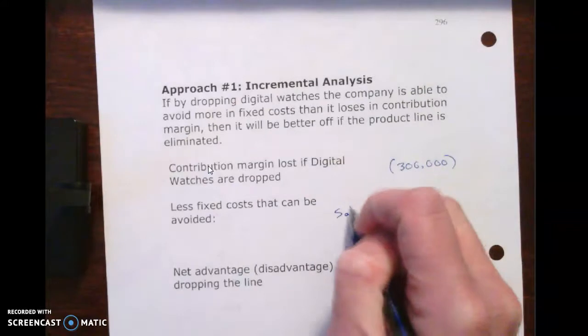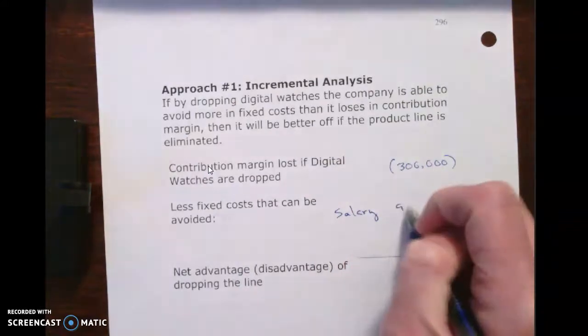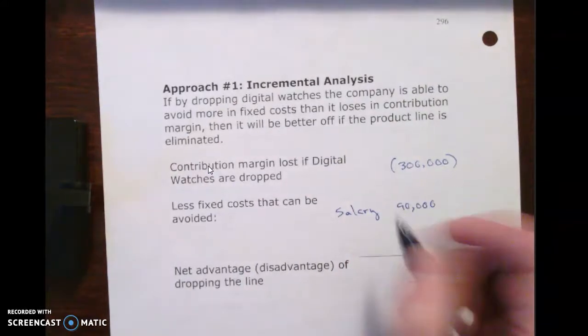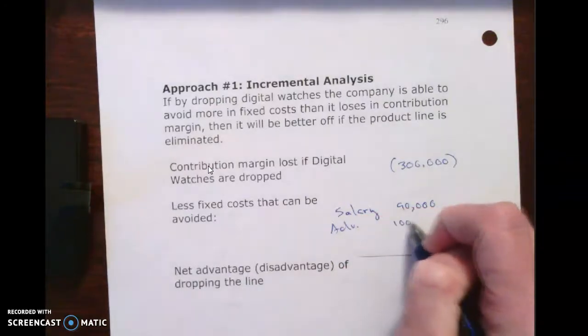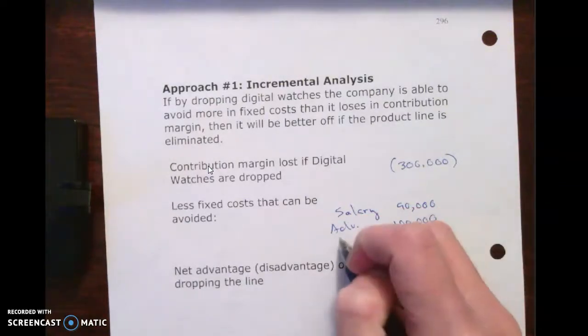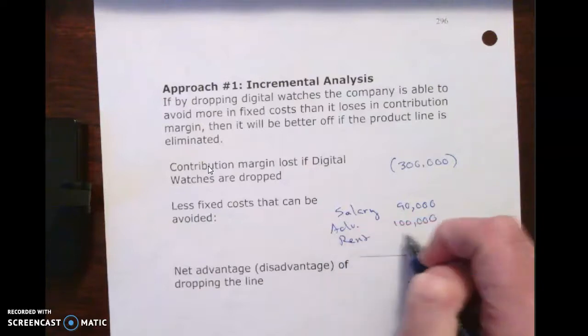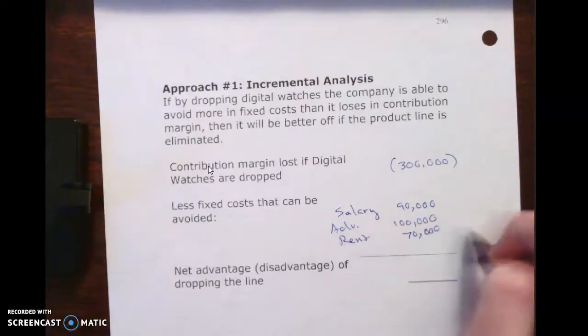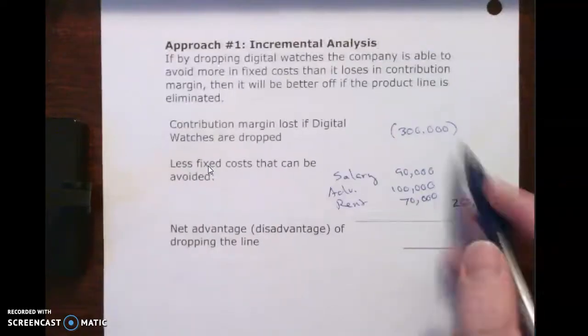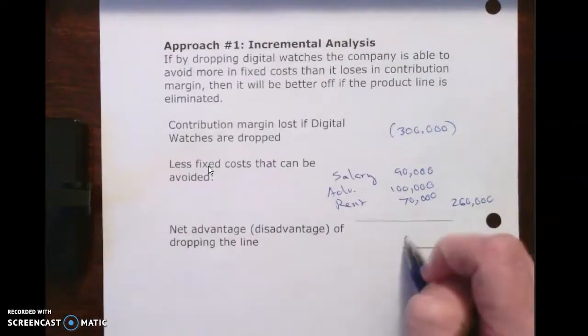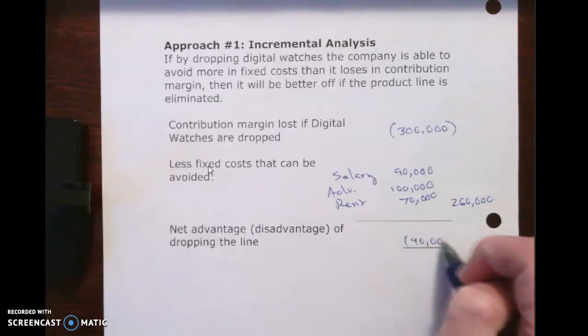So we looked over here. Remember, we had our salary of $90,000. We had our advertising of $100,000. Then we had our rent of $70,000. We add up all these, we get $260,000. Then we can take our $300,000 minus the $260,000, $40,000.